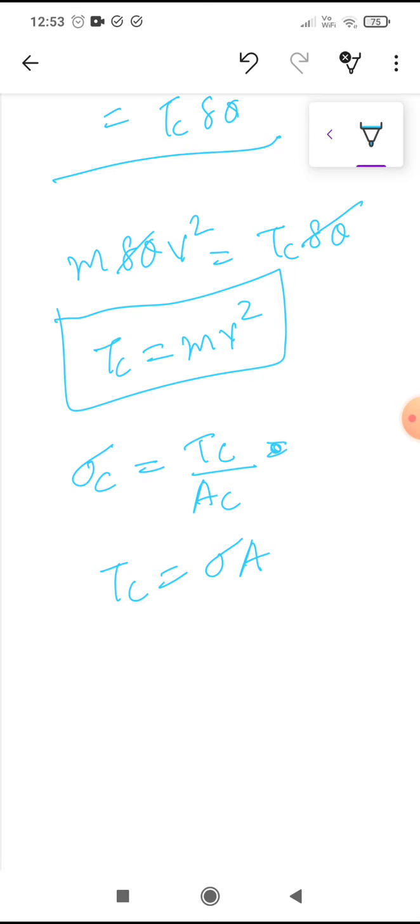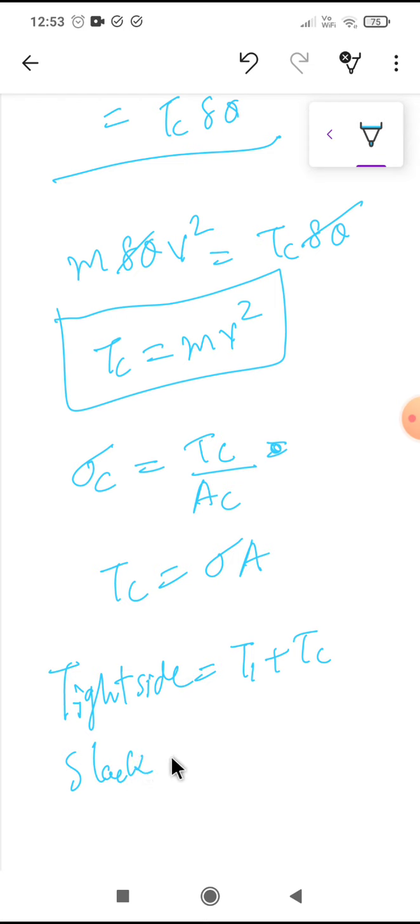So the total tension on the tight side will be the friction tension T1 plus TC, and on the slack side it will be T2 plus TC. So these are the tensions which will be developed in the belt.